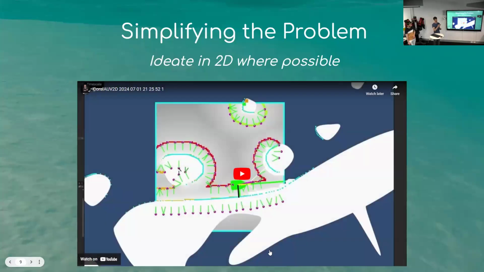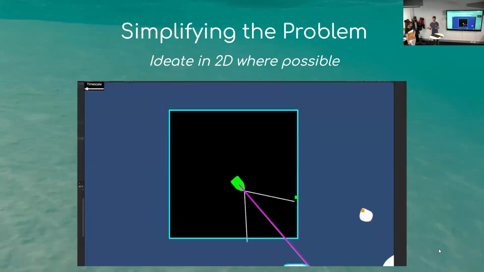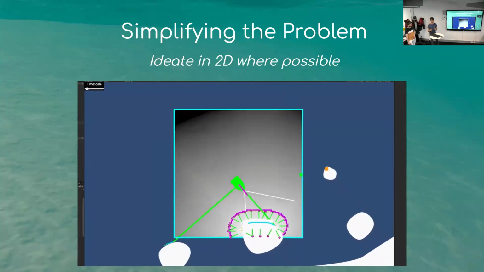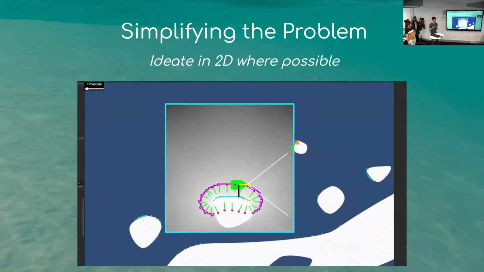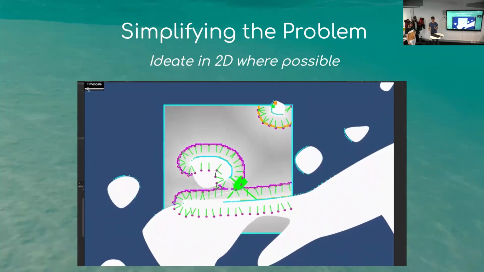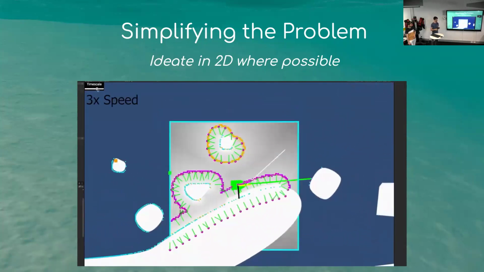We could have gone straight to 3D to do this sort of analysis, but we would have ended up stuck in all sorts of other hurdles prior to even getting to whether or not the ideas we were coming up with were good. We went through many different attempts, and it was a bit of a competition between us to keep outdoing each other in terms of how well we could get the contour following to work.